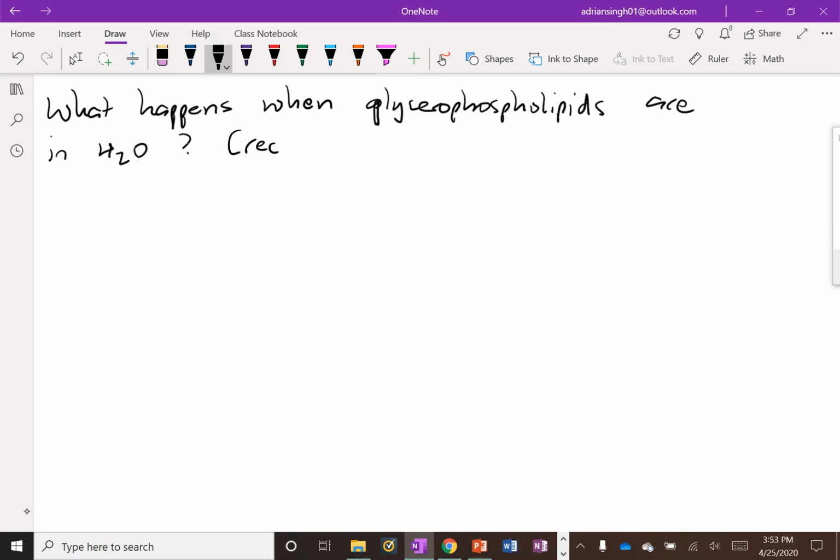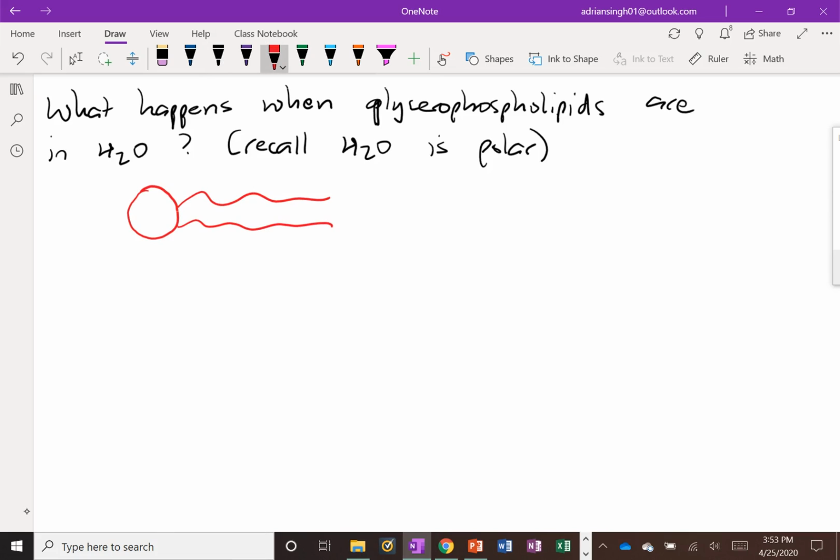Remember that water is polar. We're going to draw our glycerophospholipids. If you remember, there's a head and then we have our tails. And recall here that the head is polar and the tails are non-polar.